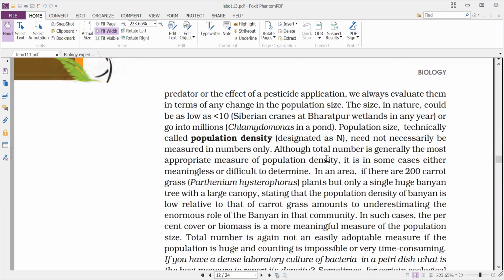For example, here one example is given. In an area, suppose there are 200 carrot grass plants, like Parthenium hysterophorus, which we have already studied. Carrot grass came to India as a contaminant along with wheat seeds from America, and the pollen grains of this plant are allergic, causing asthma and bronchitis.